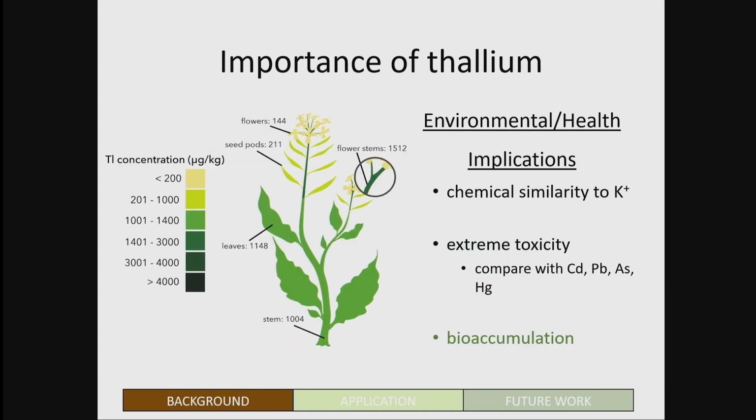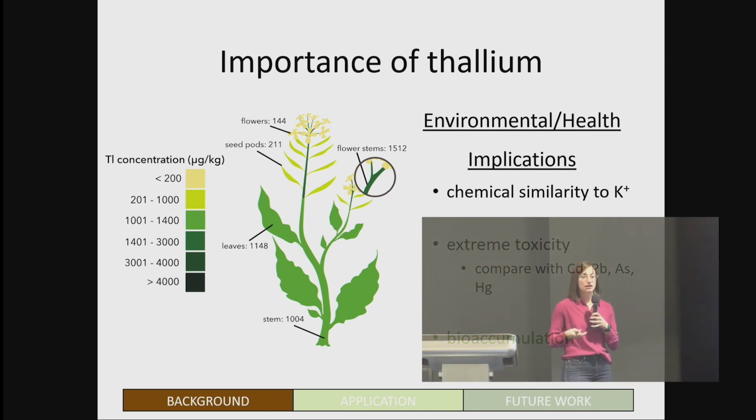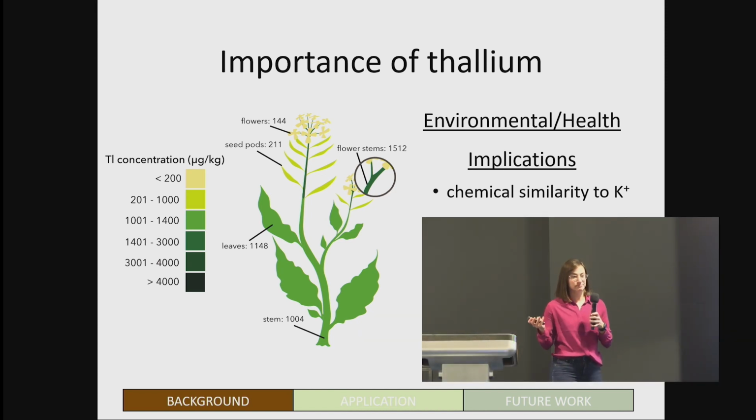Now, because thallium can be easily transferred into biologic material but then not used, thallium also ends up being bioaccumulated. And so what this means is that we can start with geogenic concentrations of thallium that would be of no concern, and that maybe would be even fairly difficult to detect.